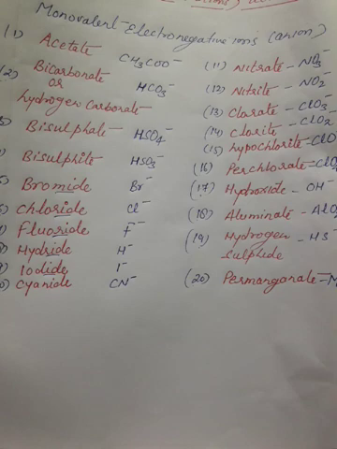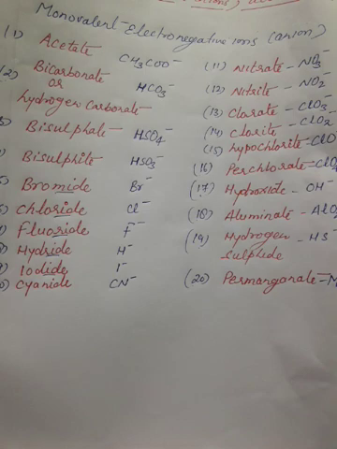Then what you should know? Bicarbonate. Bi means hydrogen is present. Bicarbonate you already know. Bicarbonate HCO3, 1 minus only. Then bisulfate HSO4, 1 minus. Sulfite, 1 oxygen. Ate and ite, what is the difference? One oxygen will be less than ate. Sulfate has 4 oxygen, so sulfite will have 3 oxygen.